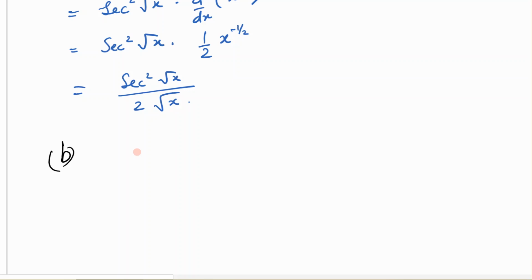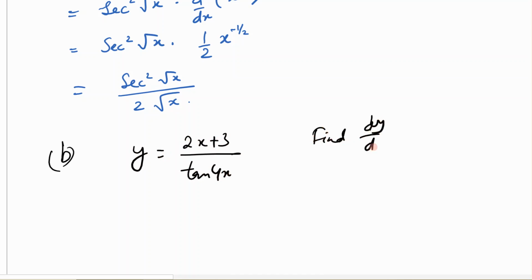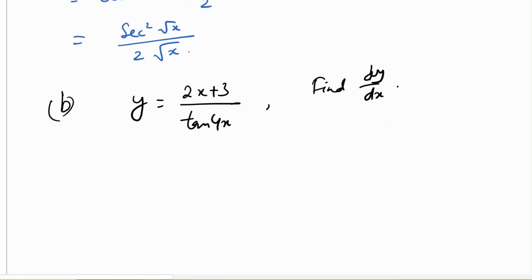Let's try one more. So if y is equal to 2x plus 3 over tangent 4x, find dy over dx. Can you guess what rule we need to use here? Quotient rule. Yes, because we have something of the form u over v, so we're going to use quotient rule in this case. So take the derivative on both sides.